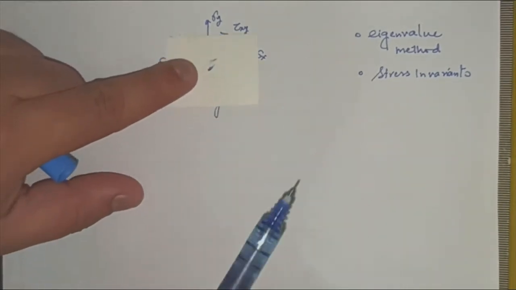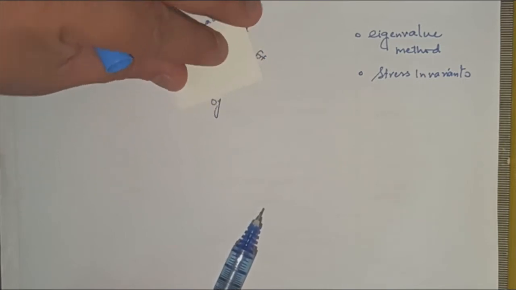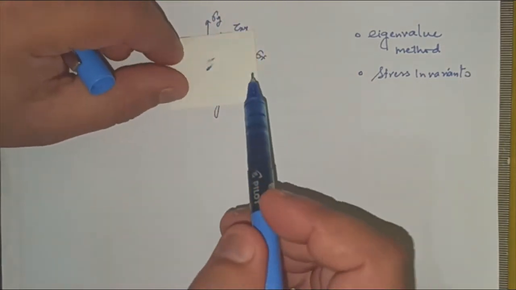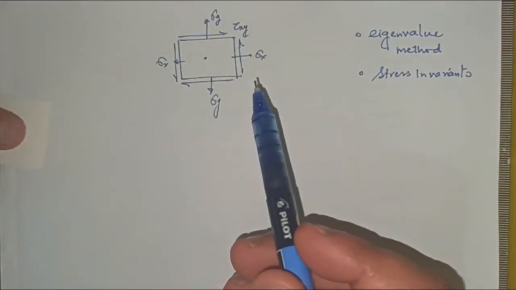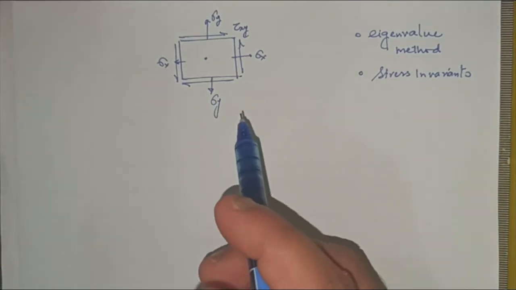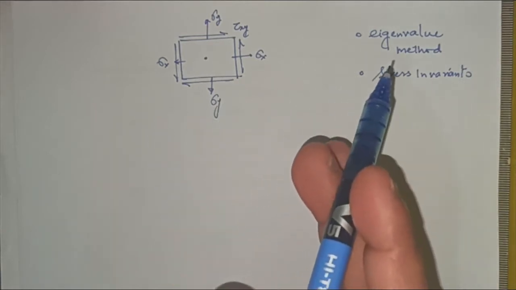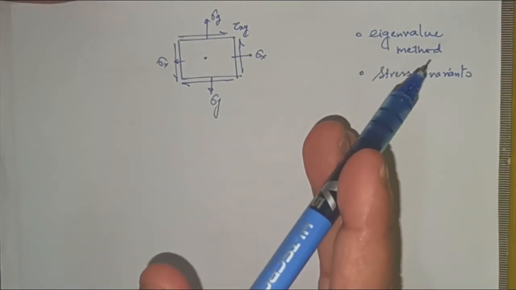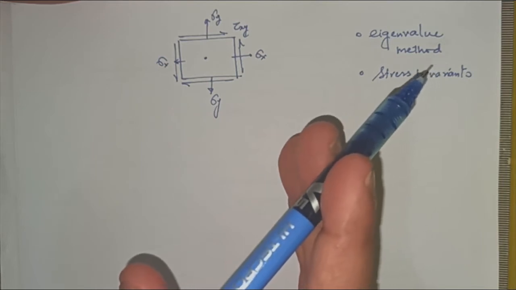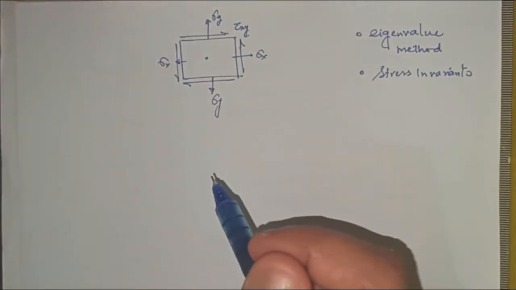Like this is my element, and this can be rotated to any particular angle to obtain the planes of principal stresses. It will be shown later that the principal stresses have the same stress vector oriented at the same location.